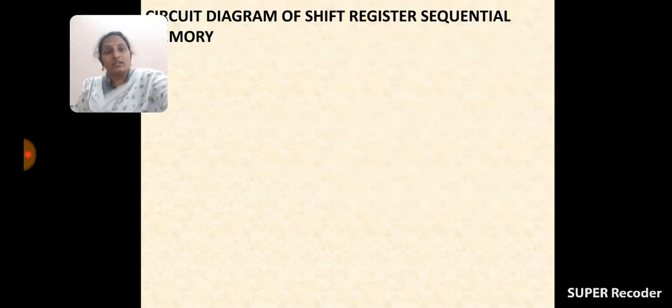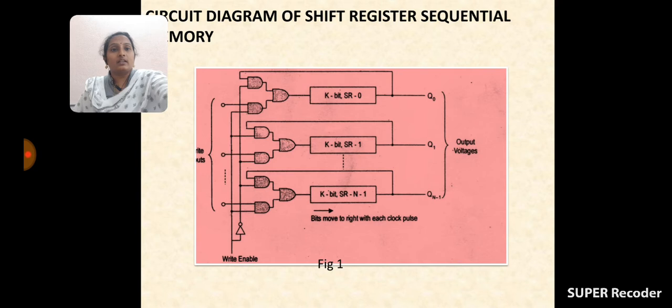In this way, the accessing time is different for different locations or different registers. See here, this is the circuit diagram of the shift register sequential memory. So this is for sequential memory, not parallel. Which flip-flops are used here to store the bits? SR flip-flops are used.